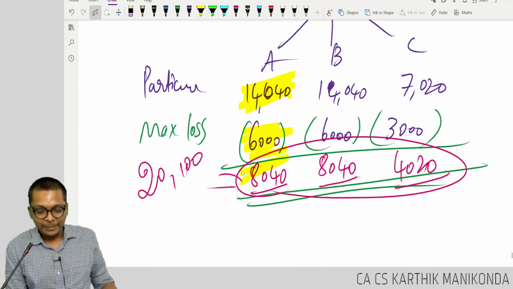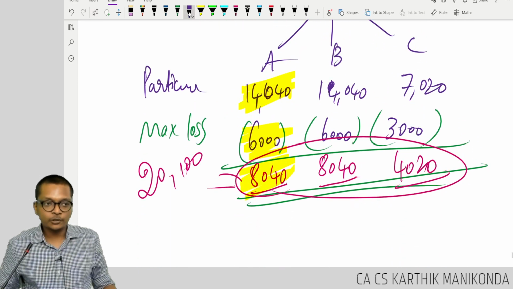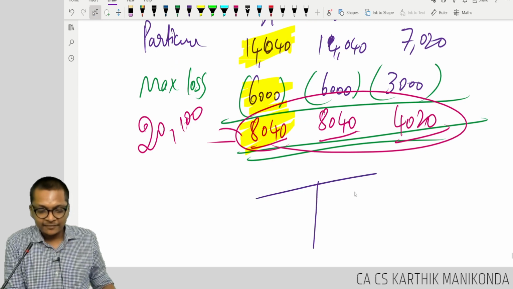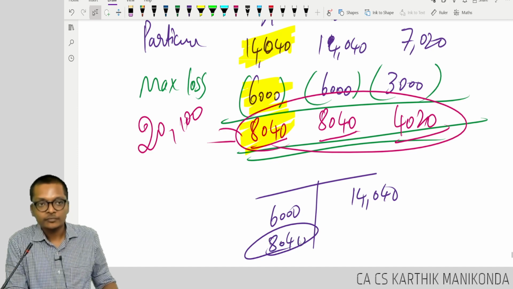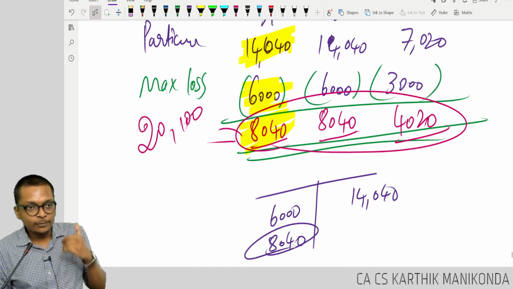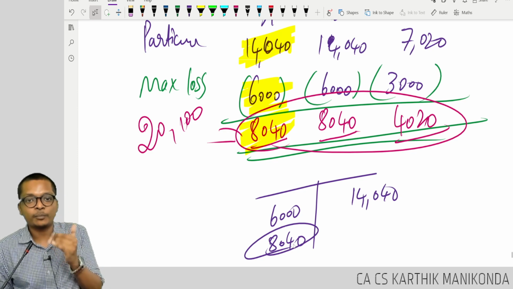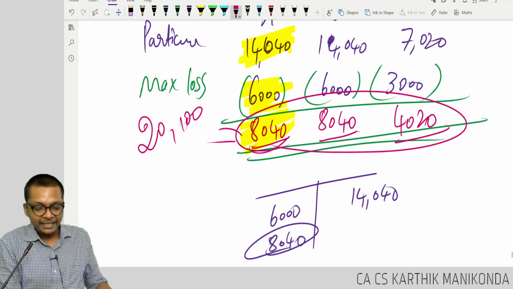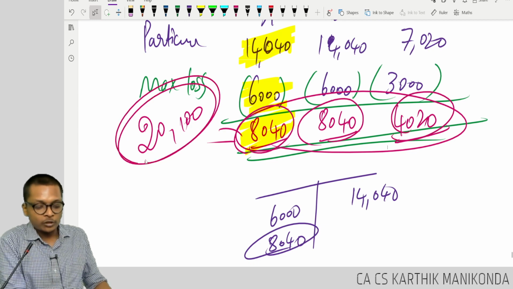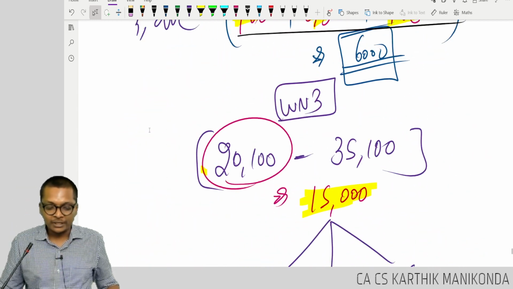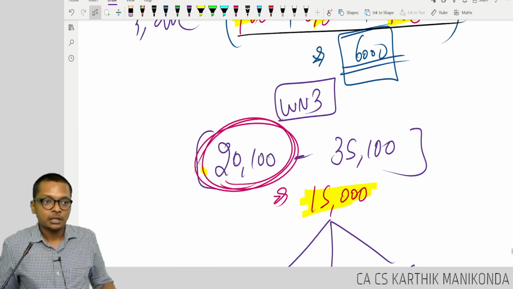So his balance is how much? 8,040. If I prepare ledger, it will be like this: 14,040 payable, 6,000 loss. Therefore, balance payable is 8,040. I can pay him only 8,040. Similarly for B and C, so I can pay A 8,040, B 8,040, C 4,020. Total amount payable is 20,100, which is matching with 20,100.